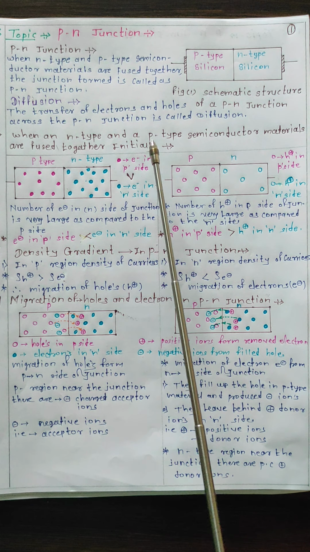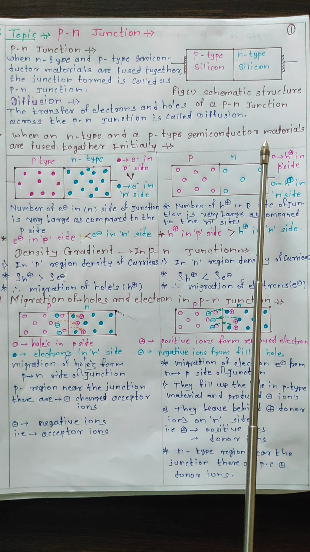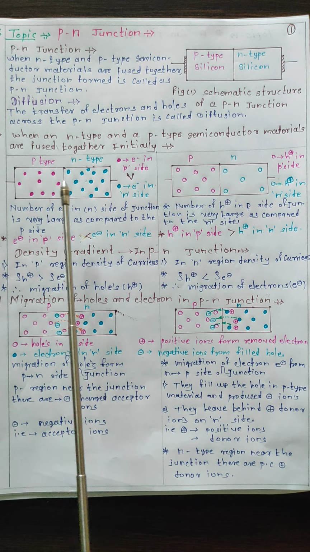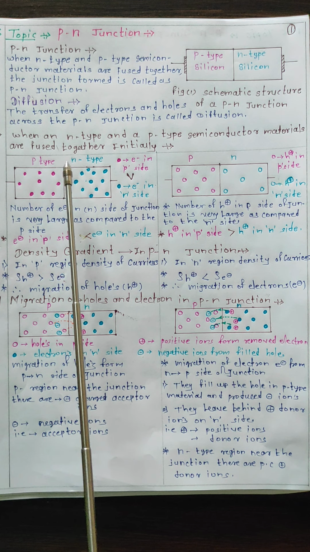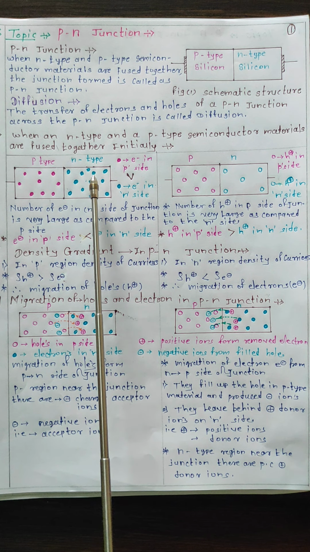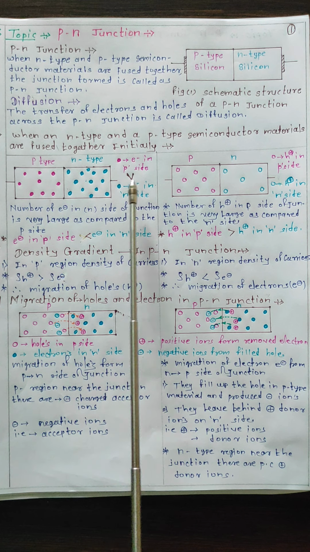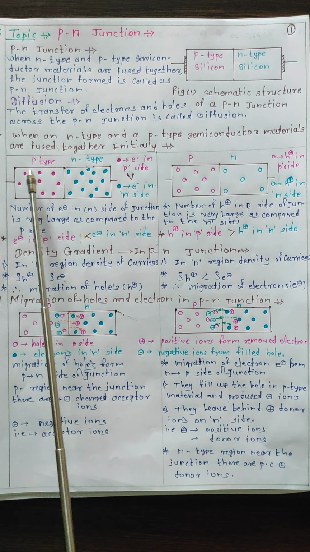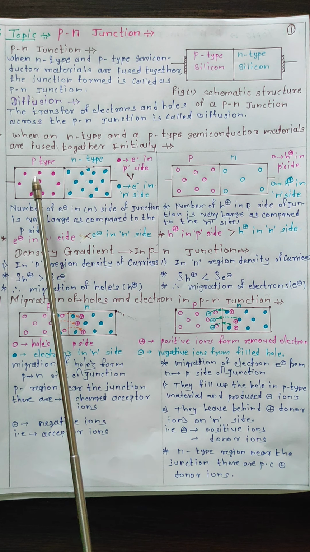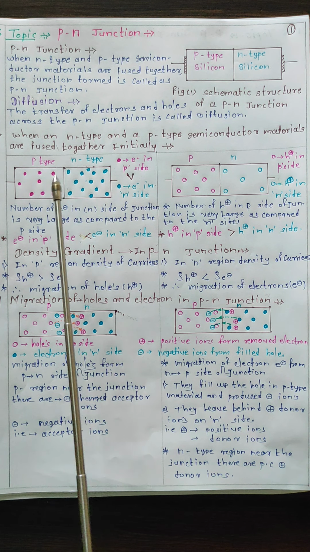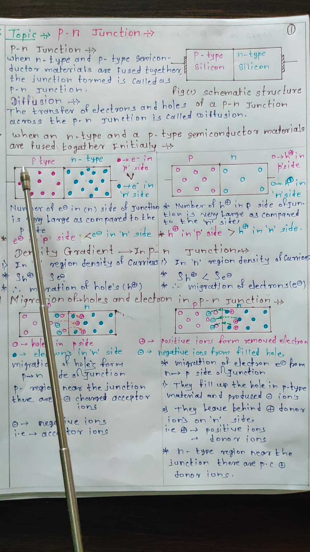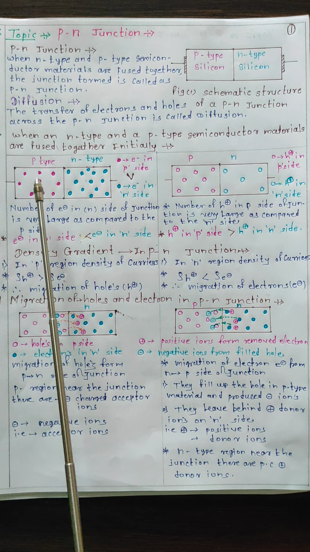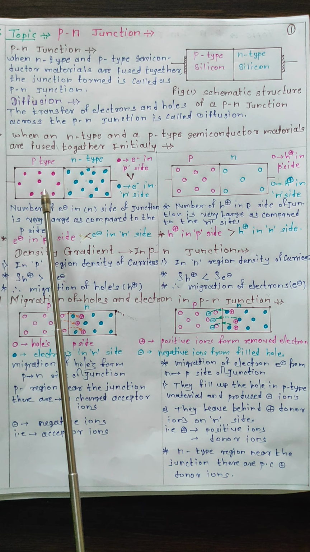Then next, when N-type and P-type semiconducting materials are fused together, initially there is a presence of electrons and holes in both the P-type and N-type materials. Comparing electrons first, the number of electrons in the N region is large as compared to the number of electrons in the P region.